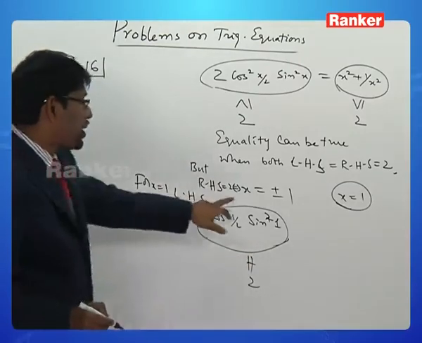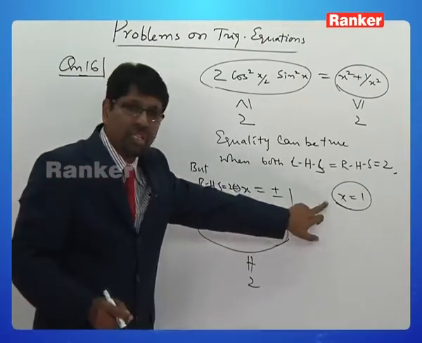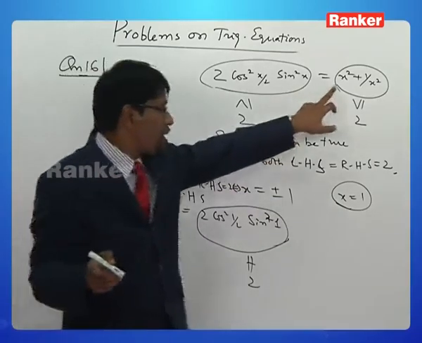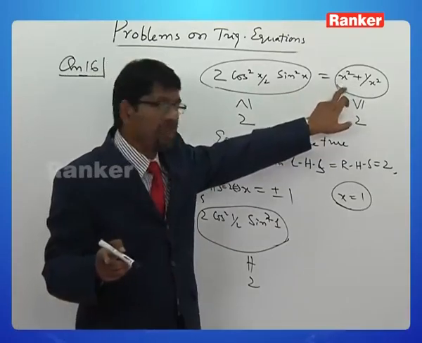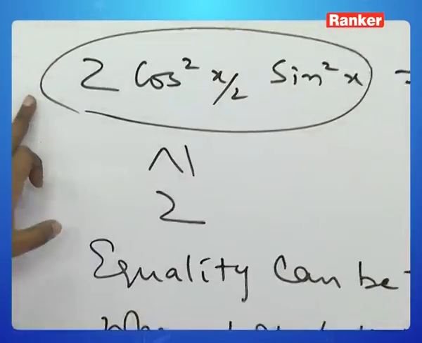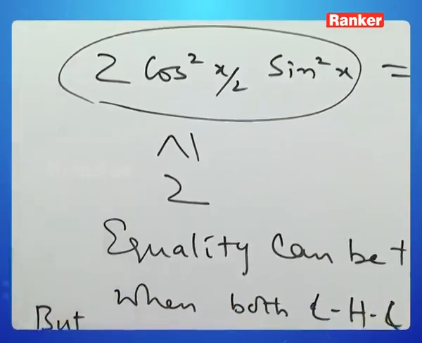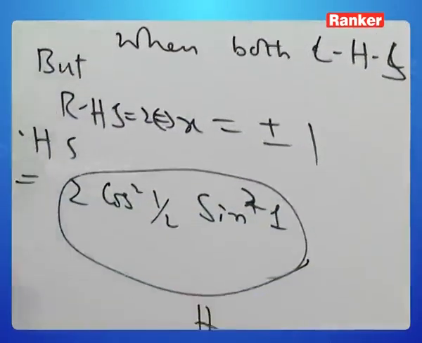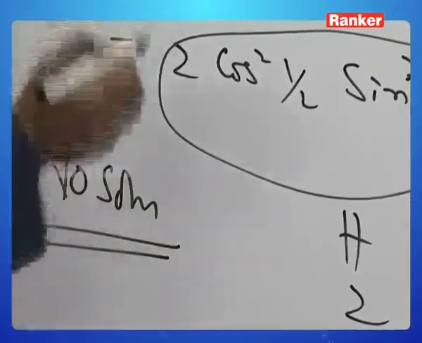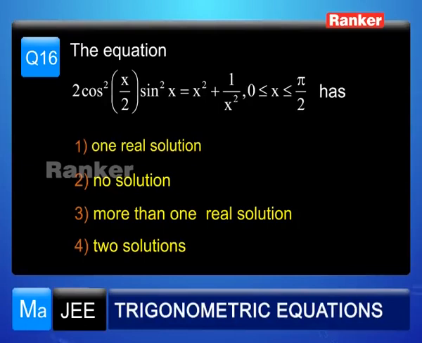So x equal to 1, which was the only possibility between 0 and pi by 2 that would make the right hand member 2, does not make the left hand member 2. That means no solution. Therefore, no solution, and option 2 is the right answer.